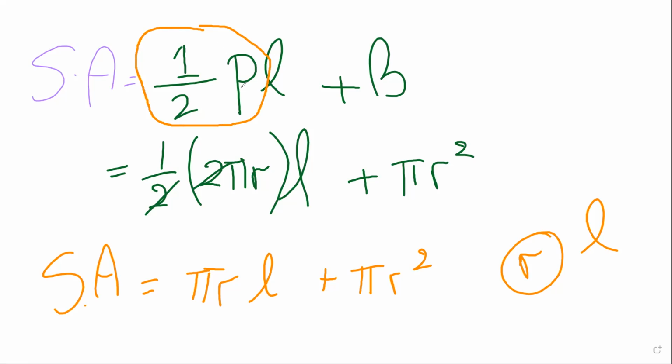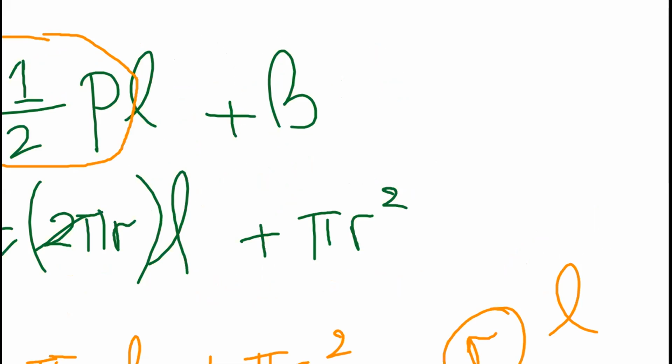But in a cone, why is it half? Maybe the pyramid is like the cone. Why is it half in the pyramid? Because the lateral area is that of a triangle, and the formula for the area of a triangle is half the base multiplied by the height.